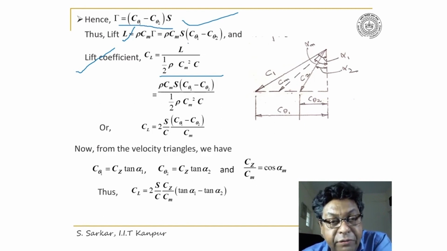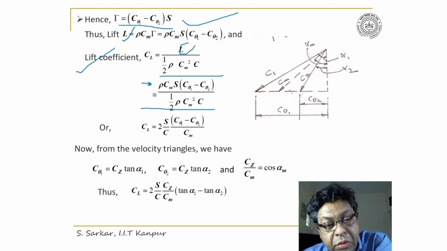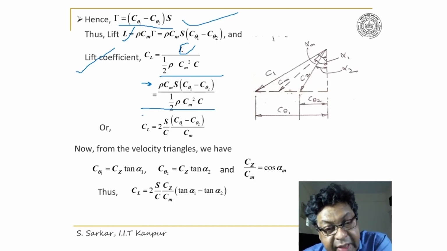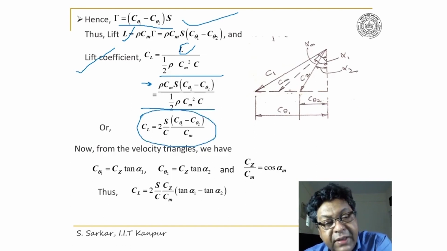Now put the expression of L here. After putting the expression of L, it will be rho Cm s into (C theta 1 minus C theta 2) divided by half rho Cm square into C. Now that can be simplified as CL is equal to twice s by c into (C theta 1 minus C theta 2) divided by Cm.